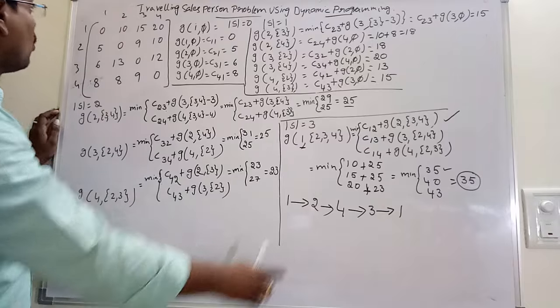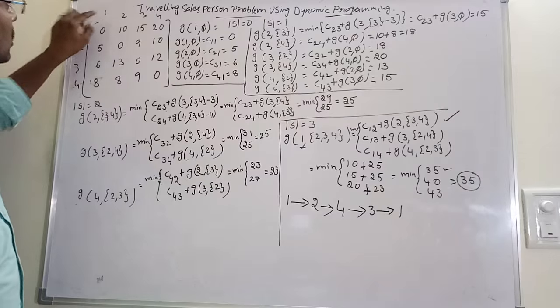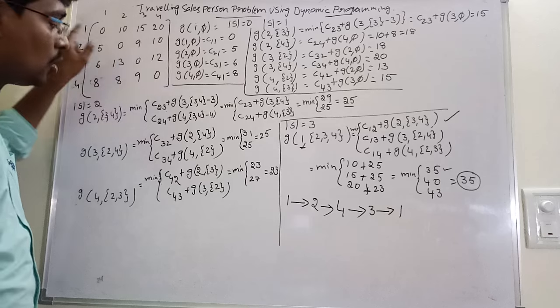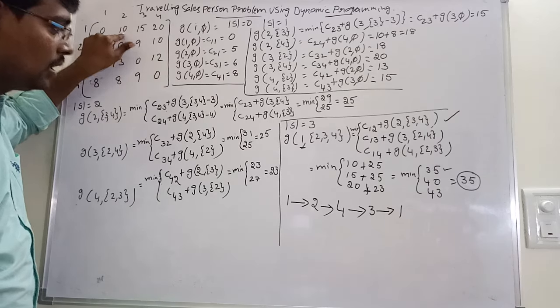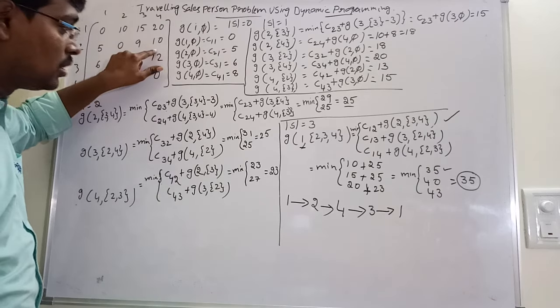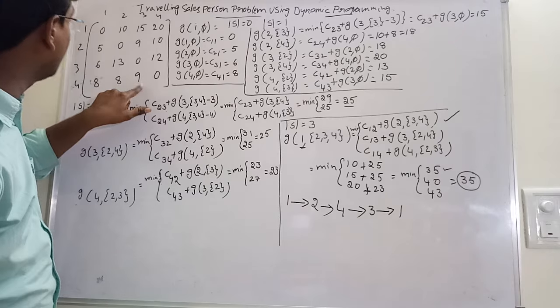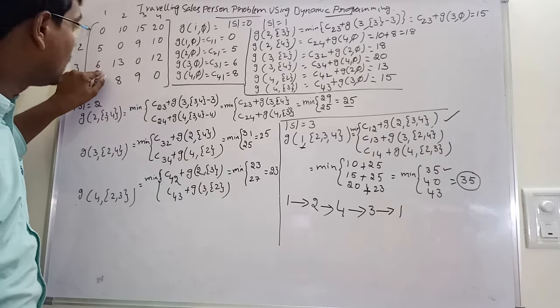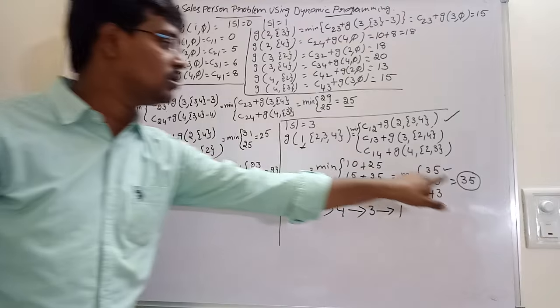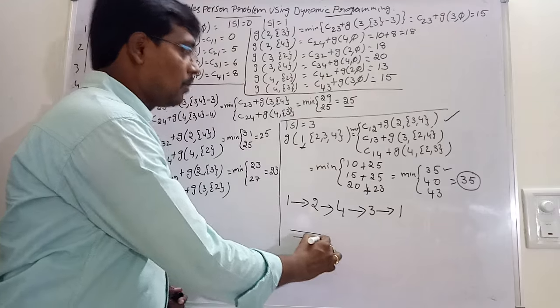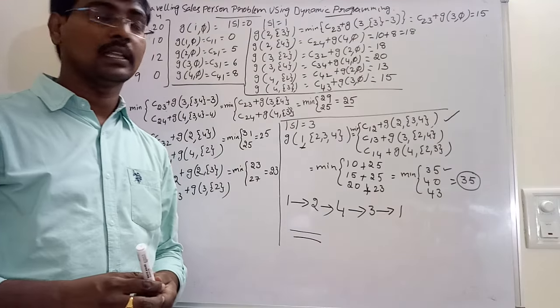Observe the value C12, so the path is 1, 2, 4. C12 value is 10, C24 value is 10, 20. C43 is 9, C31 is 6, so 29 plus 6 is 35. So this is the answer we are getting. This is the traveling salesperson problem using dynamic programming. Thank you.